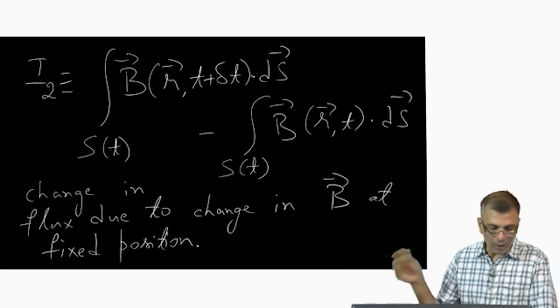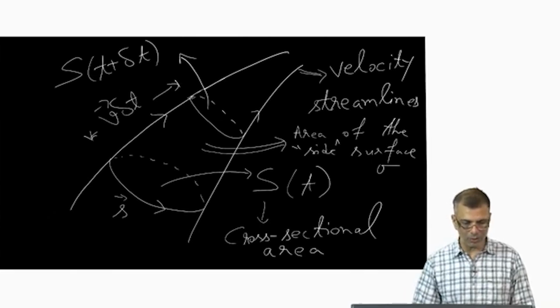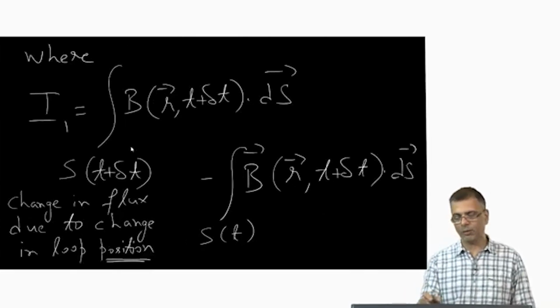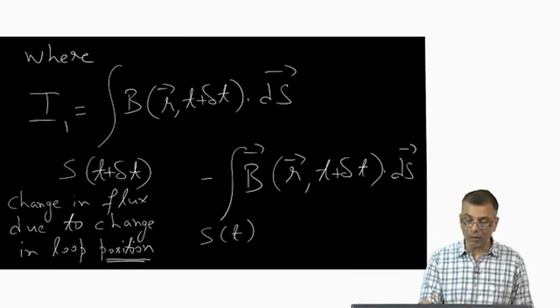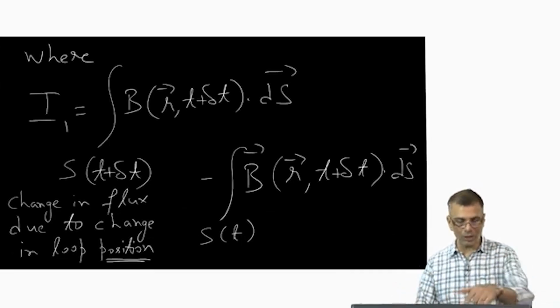So, you see the interpretation is as follows. In the first chunk, which is I1, I was taking the same B in both the integrands, and I was only changing the area over which it is being integrated. In other words, the changing flux due to the change in loop position.